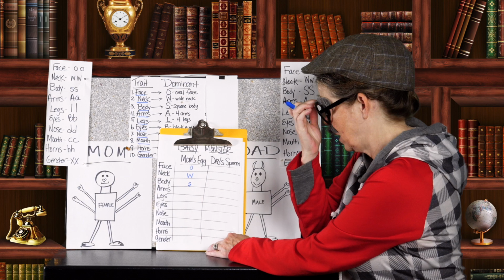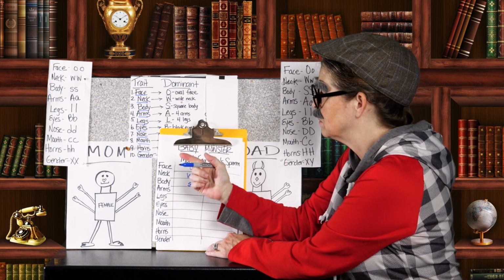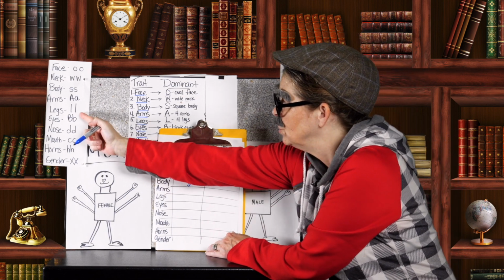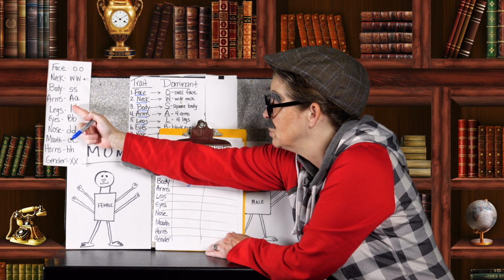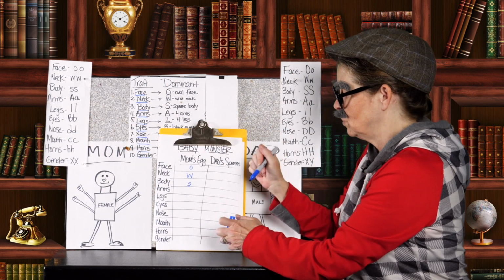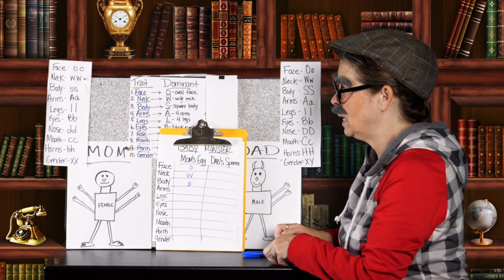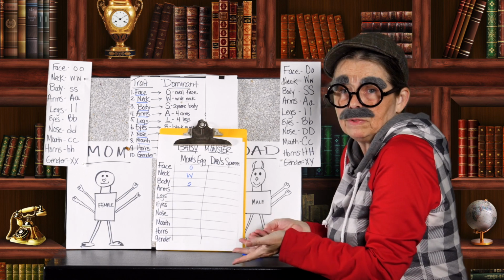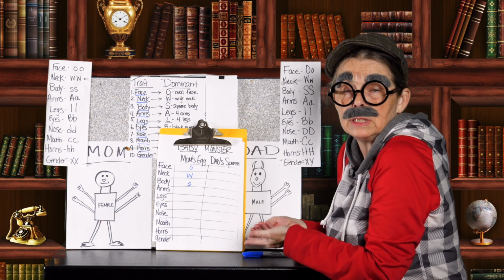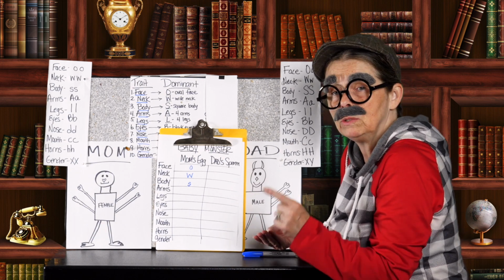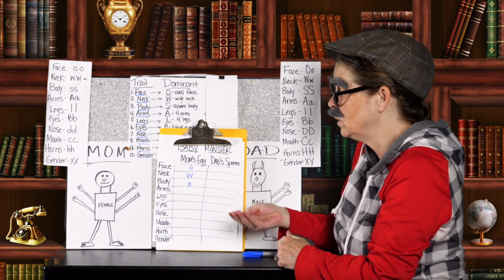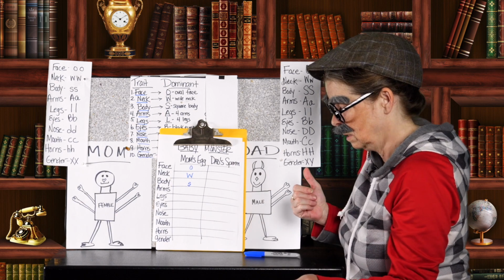And so for the arms, well, she could give the 4 arms, or she could give 2 arms. So this is where we flip the coin, okay, and see what we get. It's a 50-50 shot, yes? So let's flip a coin. This is what you're going to do. You're going to need a coin when you make your baby, all right? So I got to flip the coin.